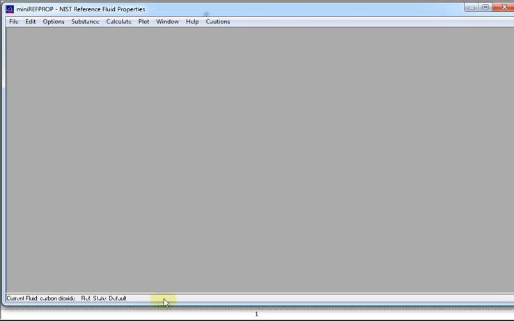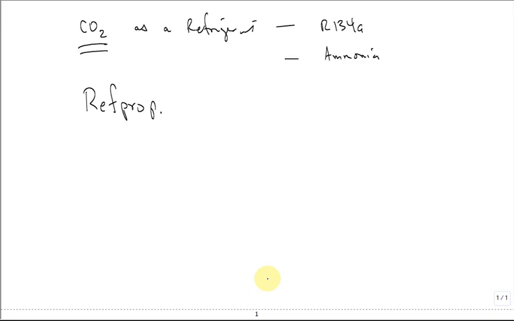And what we're going to do is, I should back up a little bit. If you are going to use CO2 as a refrigerant, would you have a compressor?